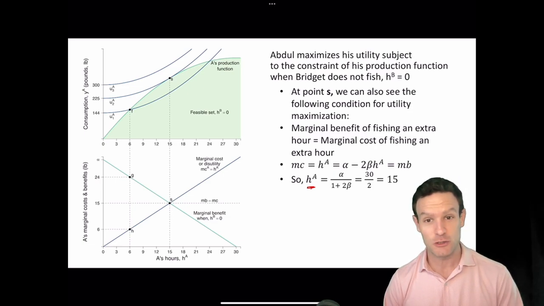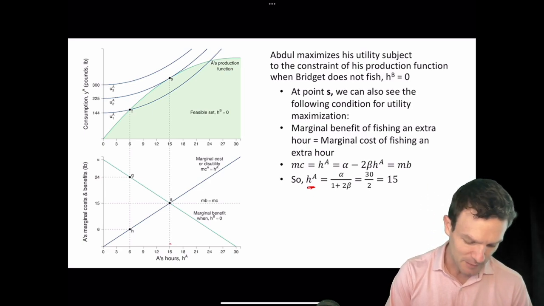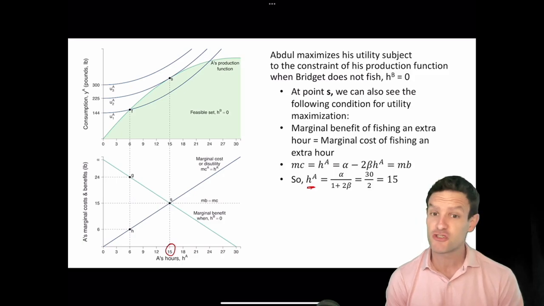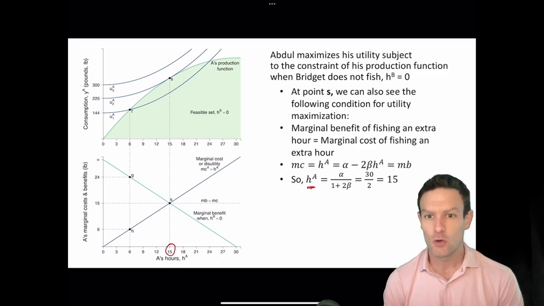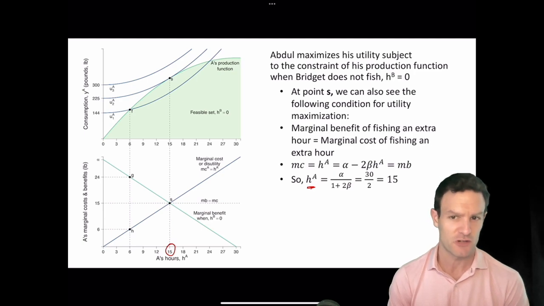Now, because beta is equal to 1/2 and alpha is equal to 30, that means that HA equals 15. That's exactly the number that we have here. By setting marginal benefits equal to marginal costs, we find that the utility maximizing number of hours is 15 hours of fishing when Bridget doesn't fish at all.